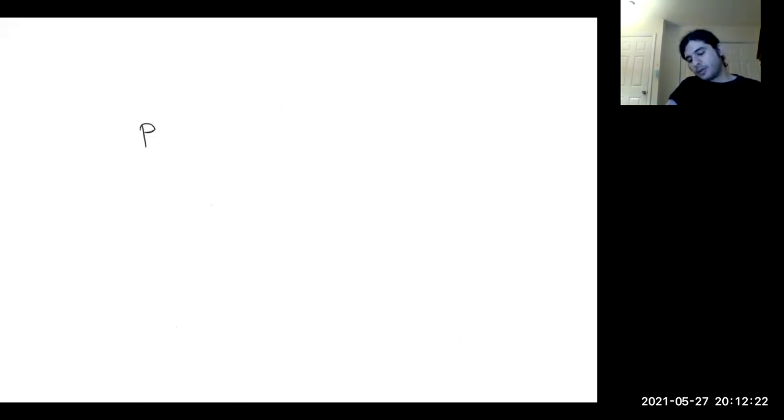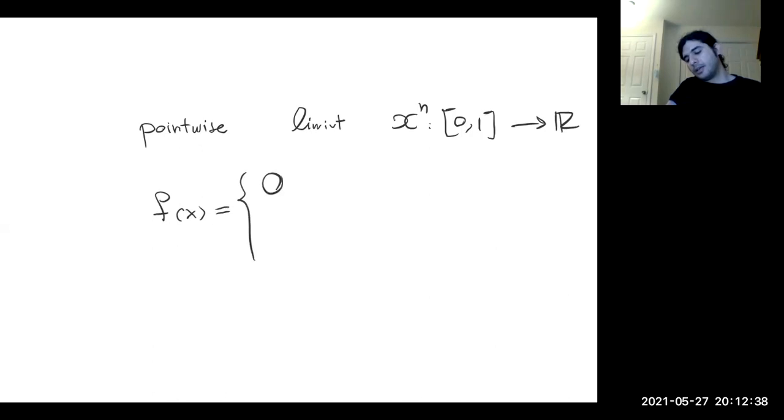Pointwise, the limit of these functions, x to the n from 0 to 1 to R, is the function f of x equal to 0 if x is between 0 and 1 but not equal to 1, and it is equal to 1 if x is equal to 1.